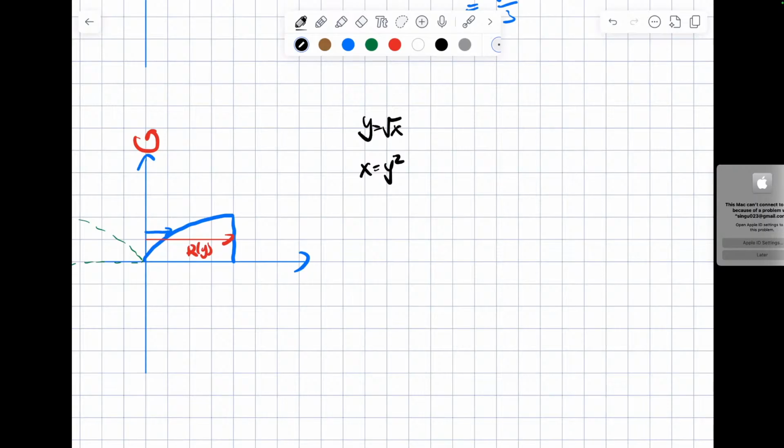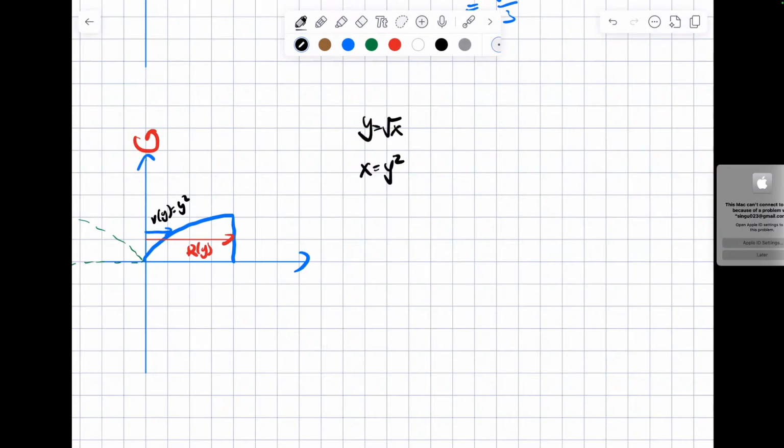Now, there is a big R of y. Big R of y is always 4. Doesn't matter where, it's always 4. The small r of y is right here. What's the function? y squared.